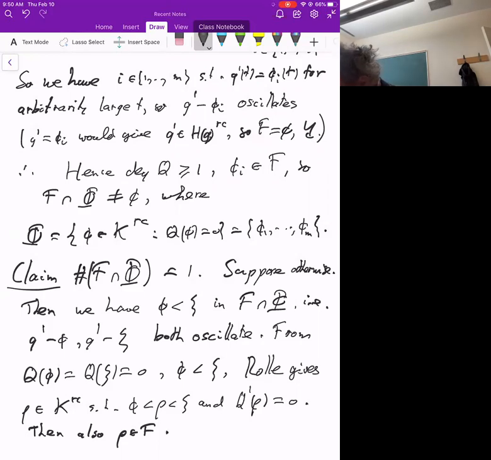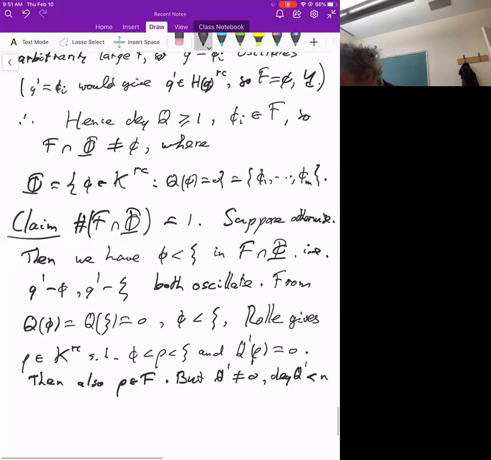But Q prime is not 0. And the degree of Q prime, this is the nub of the matter. The degree of Q prime is less than n. The degree of Q was less than or equal to n, but then its derivative with respect to y is less than n, and then you have a contradiction with the minimality that we assumed.